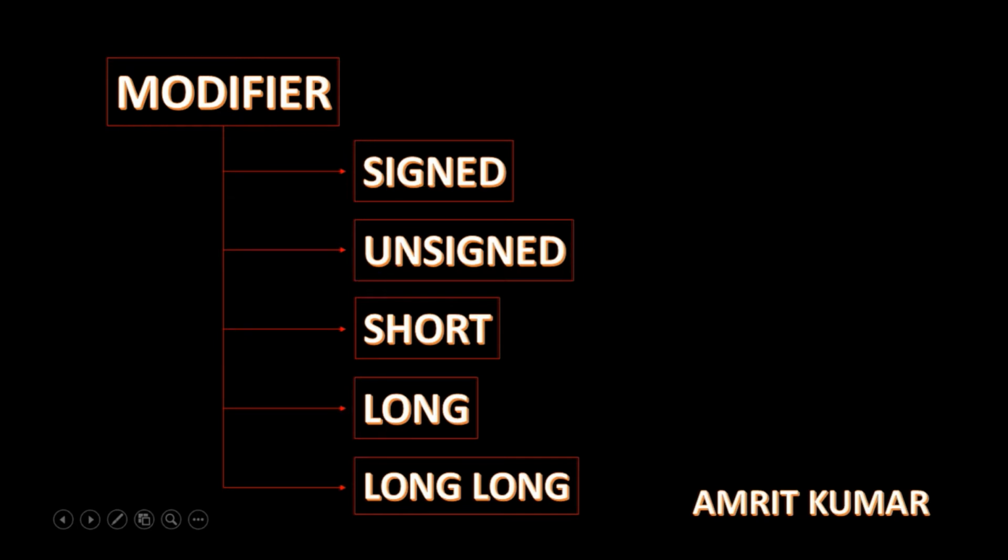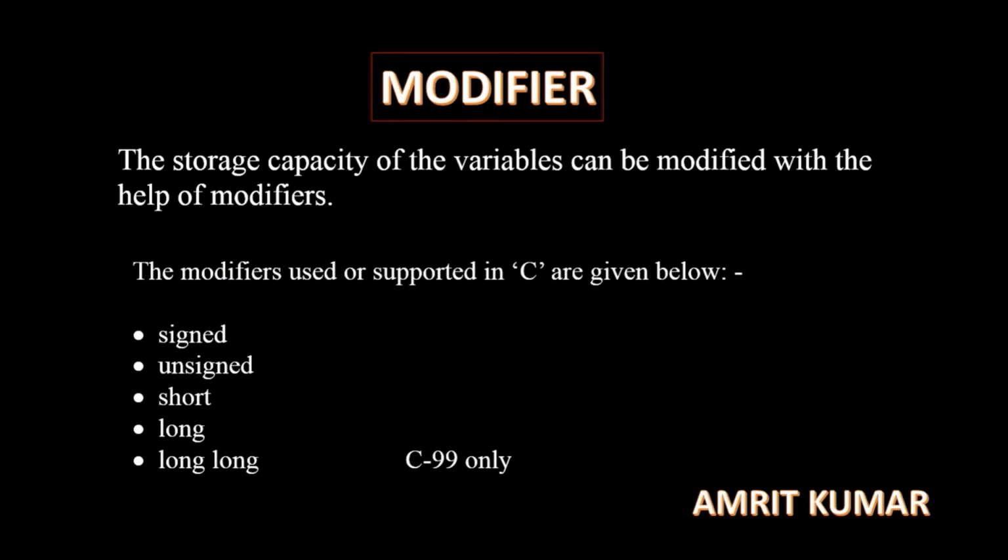Now let's look at the meaning of modifier and how it works in C language. The storage capacity of a variable can be modified with the help of the modifiers.